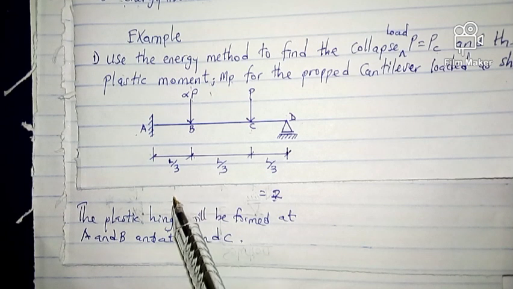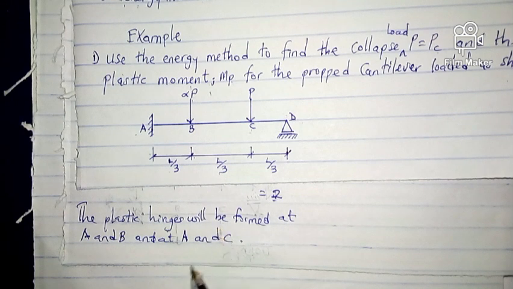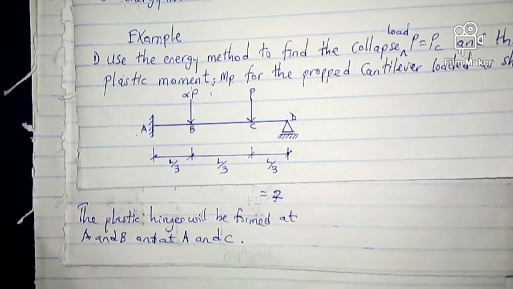In a propped cantilever or a beam, when you are solving, the place where the plastic hinge is going to be formed is where you have your maximum bending moment. Where a maximum bending moment will occur is that particular point where the plastic hinge is going to be formed. Now, let us go back to our propped cantilever.